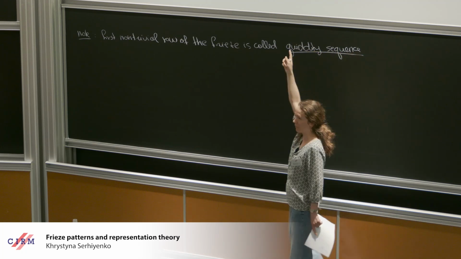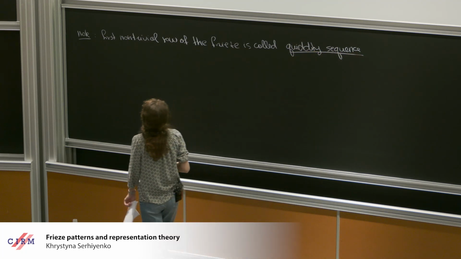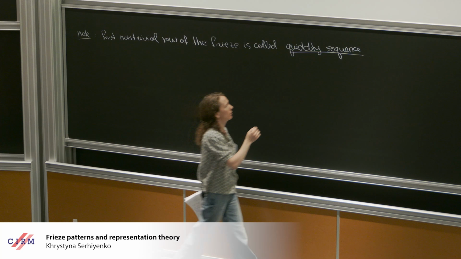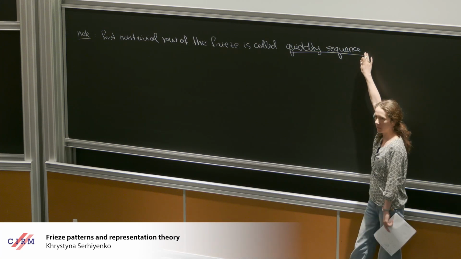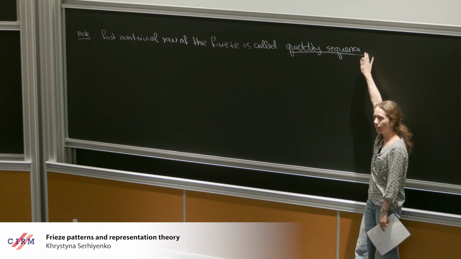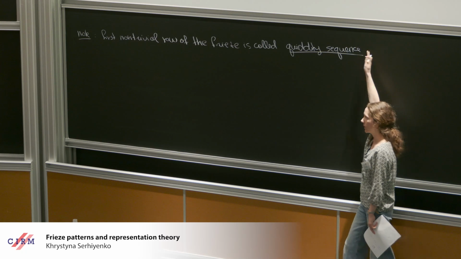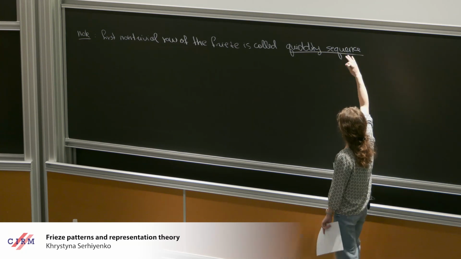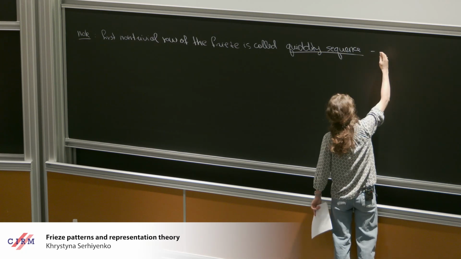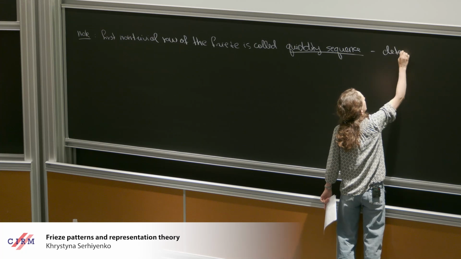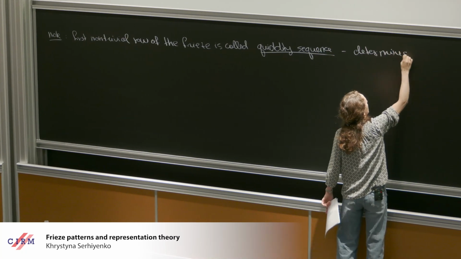That's the first row of stars we have up there. That's the first non-trivial row. If you think about it, it uniquely determines the rest of the frieze because of the diamond rule. The diamond rule tells you how to determine the rest of the entries from the initial one. So this determines the rest of the frieze.